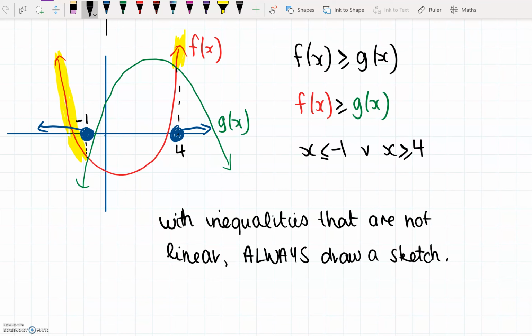This is part of your calculations and we actually give you points for this, including next year in year 4. So always draw a sketch with inequalities that are not linear. With linear ones, it's okay because we only get one solution, but with inequalities that aren't linear, we need to actually look at the graph to see what we're getting as our answer.